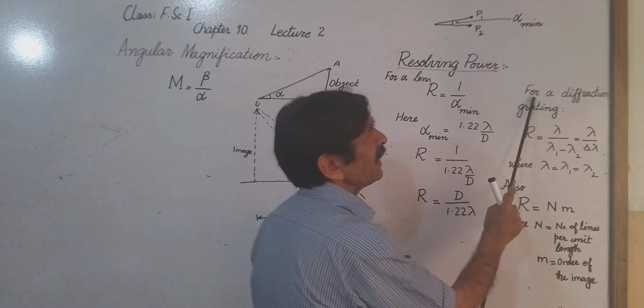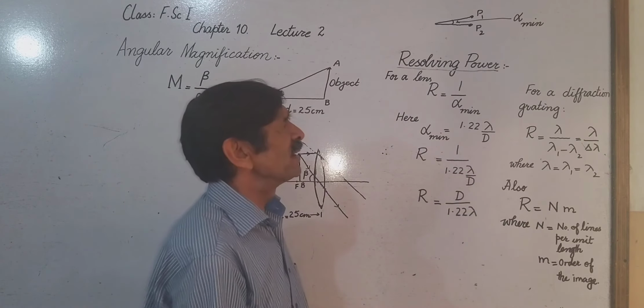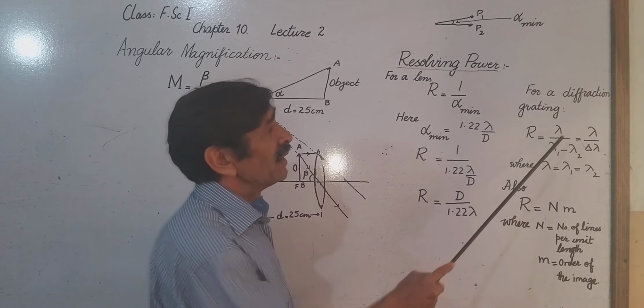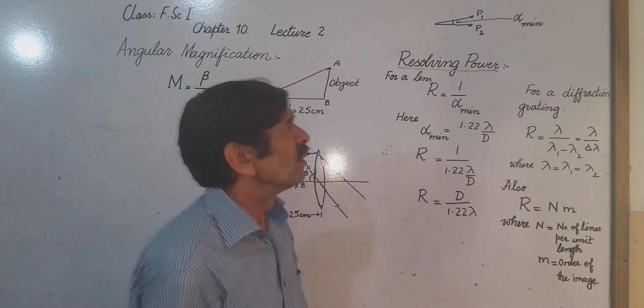Now for a diffraction grating, resolving power is given as R is equal to lambda divided by lambda 1 minus lambda 2.